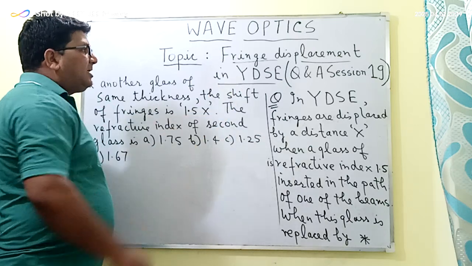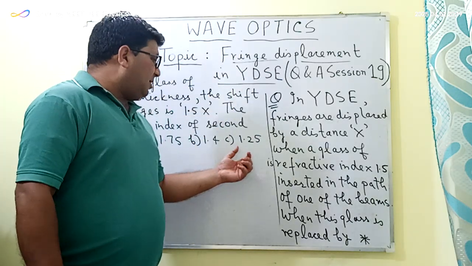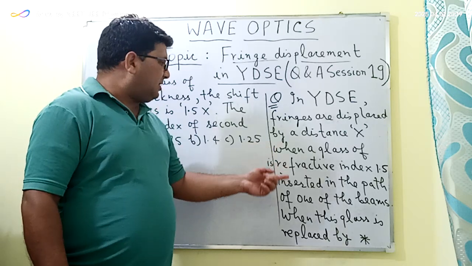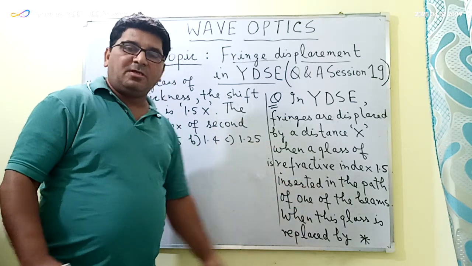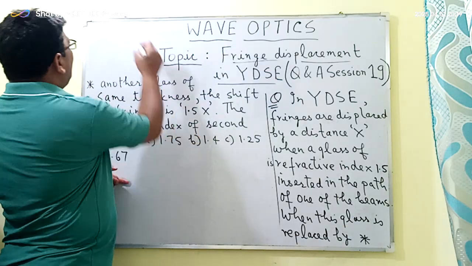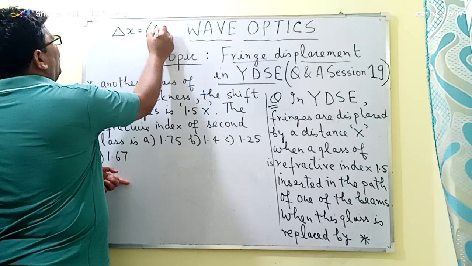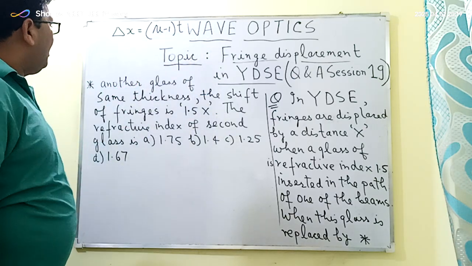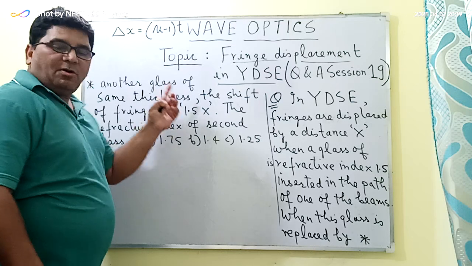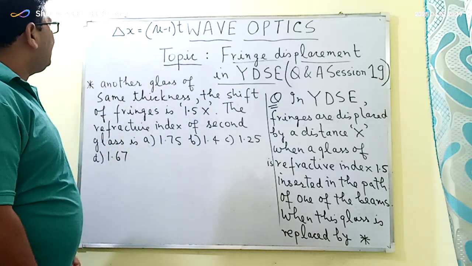In the previous session, session number 18, we learned that the additional path difference due to the insertion of a transparent plate in the path of one of the beams is given by the formula delta x is equal to mu minus 1 into t, where t is the thickness of the transparent plate and mu is the refractive index.